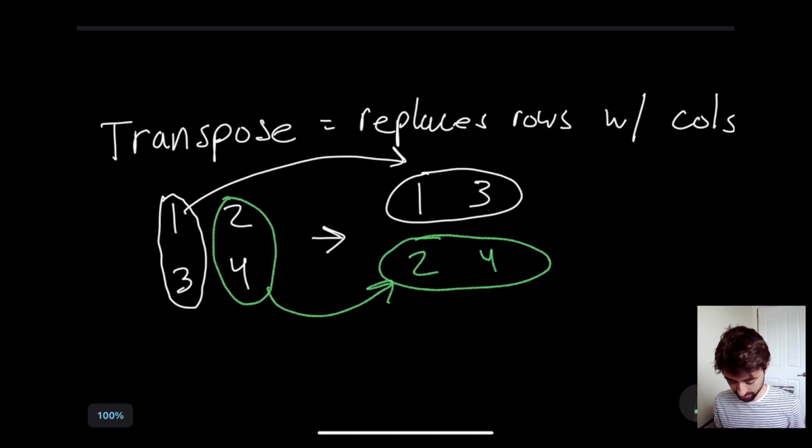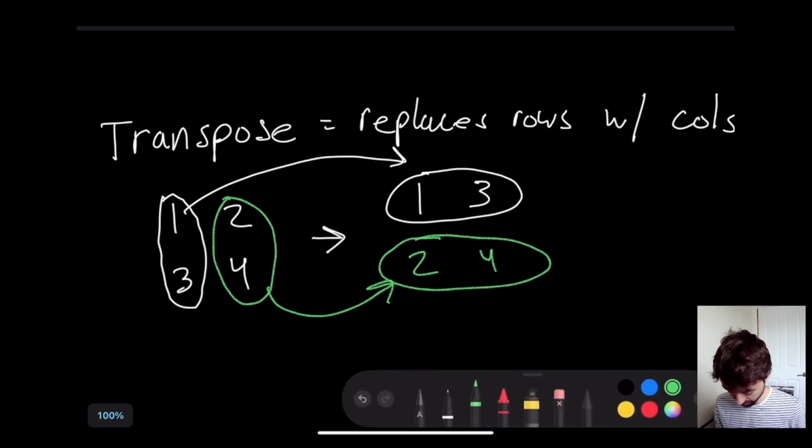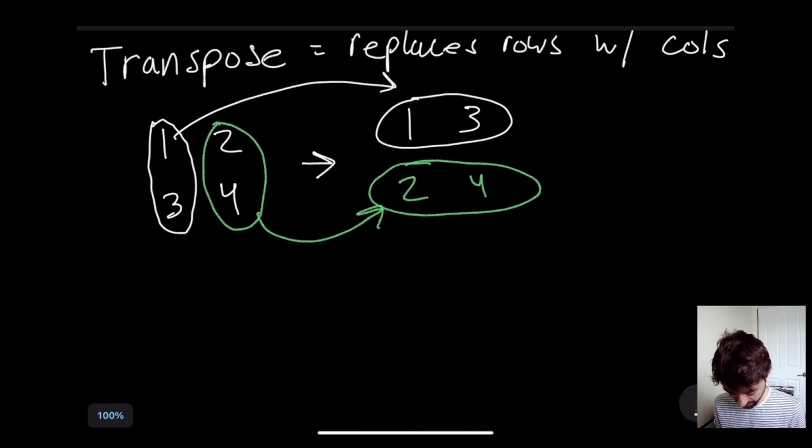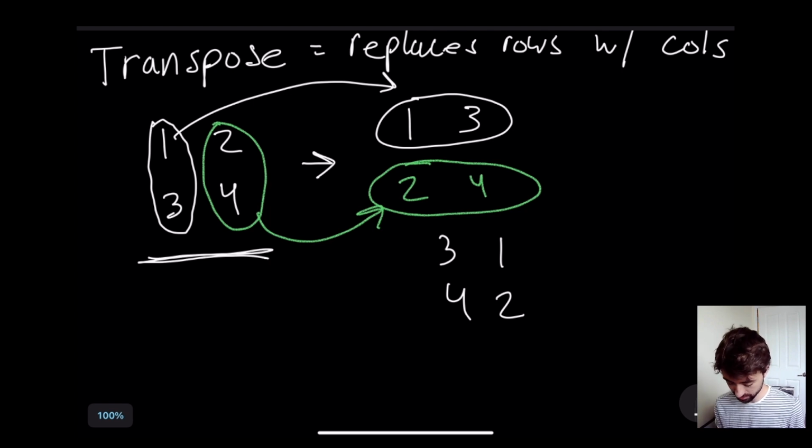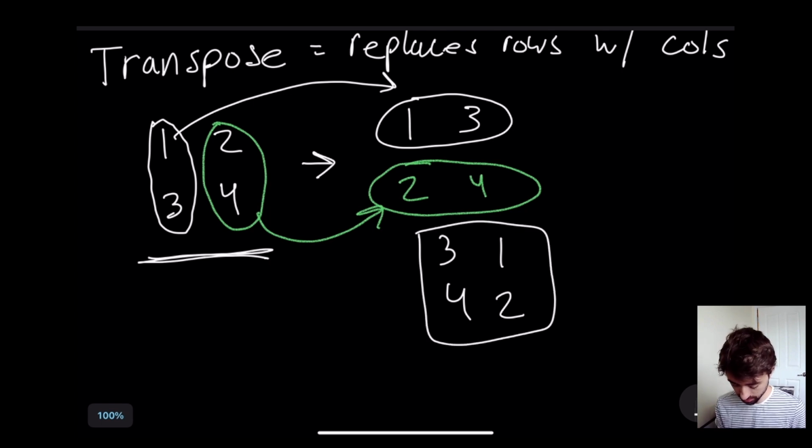So if you look at the result here, we didn't quite do what we wanted, because the solution we would like to get if we were to rotate this one 90 degrees is that. This is what we want the solution to be, but instead we're getting this when we transpose.